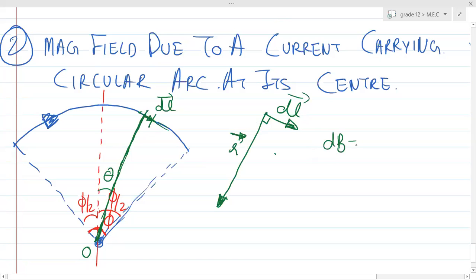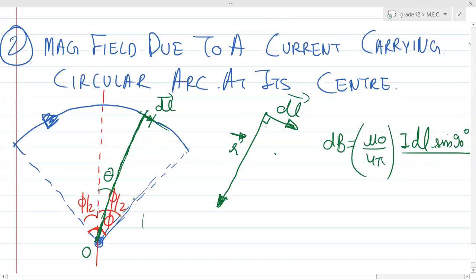Now dB will be equal to mu naught by 4 pi, I into dl into sine theta, divided by r squared. So what is the angle? It is 90, so sine of 90 degrees. Now this dl vector is subtending a small angle.